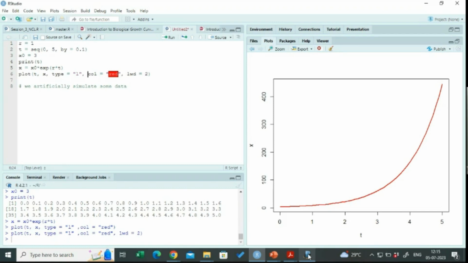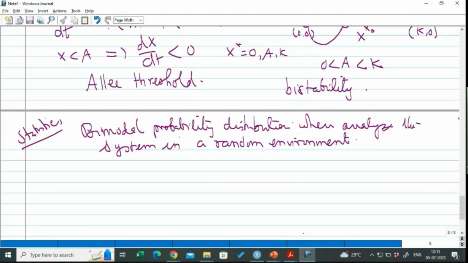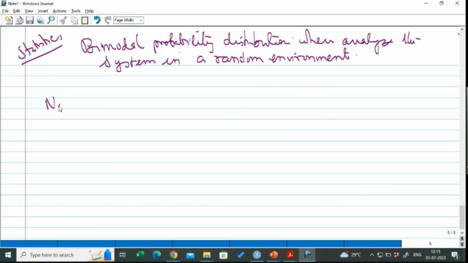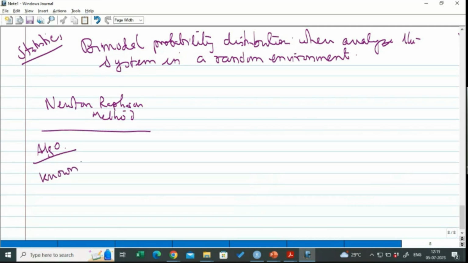So let's spend 2 minutes on this. Suppose we have the Newton-Raphson algorithm and some known equations with known roots, and we check. This is a direct validation.